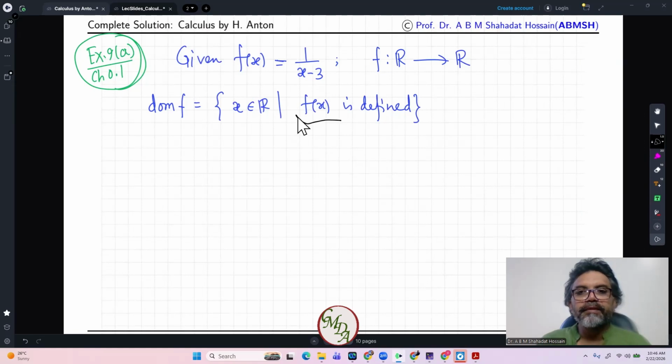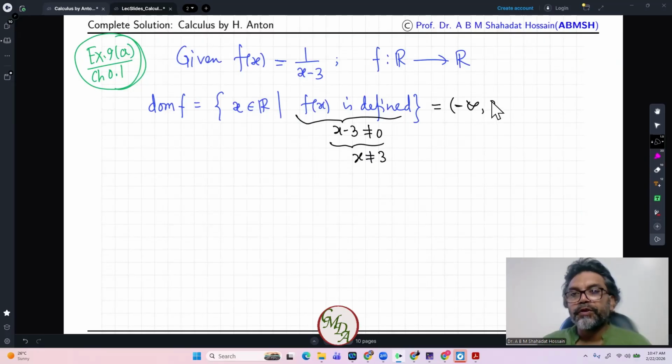So here f of x is defined always if x minus 3 is not equal to 0. That means x is not equal to 3. We can write this in set notation as minus infinity to 3 union 3 to plus infinity.